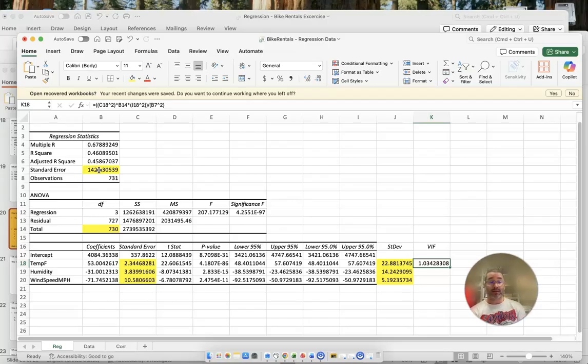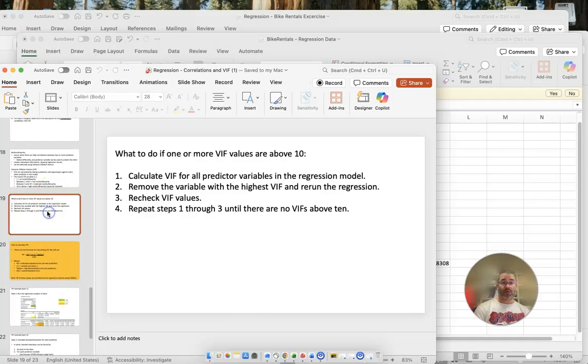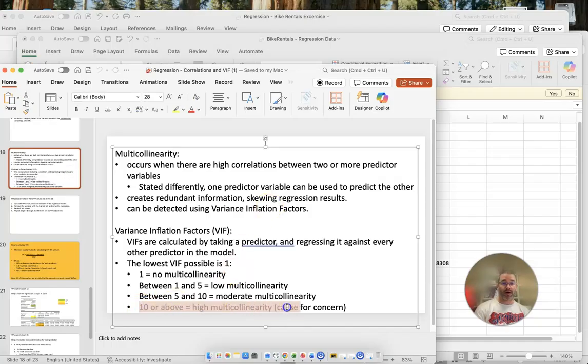And I say nice little because if you go back to your slides here, you'll read somewhere that we're looking for 10. 10 or above equals high multicollinearity, cause for concern. Anything between 1 and 5, though, is pretty good.